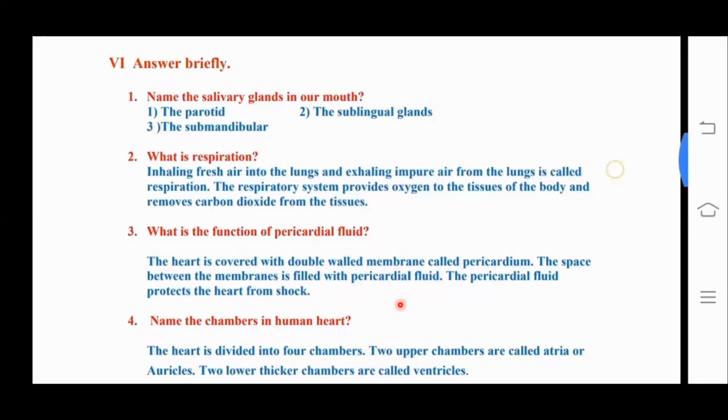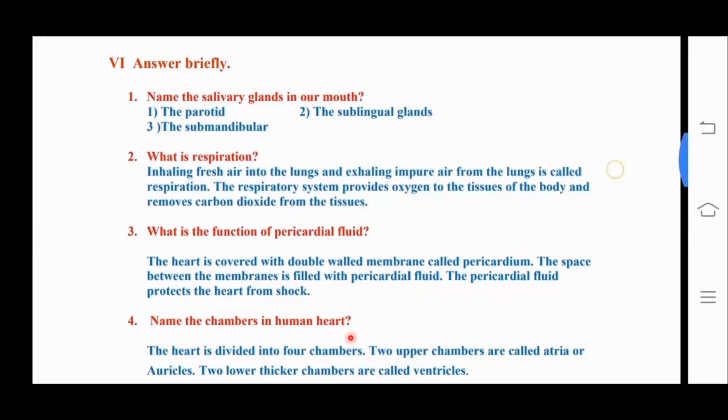The space between the membranes is filled with pericardial fluid. This fluid protects the heart from shock. If a shock comes, we can get a heart attack; the chances are there.